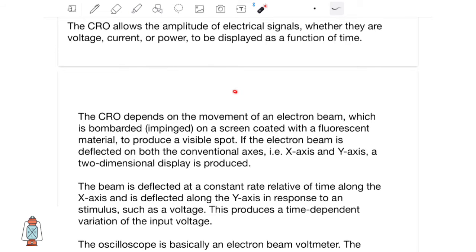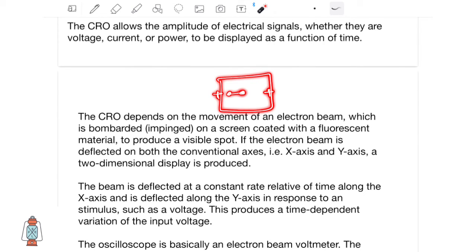Now the question comes, how will this electron beam move here and here. So you can imagine this is a charge, this is an electronic charge. So electrons can move when there is some kind of electric field around it. So if this is the electron, this is the spot on the screen where the electrons are hitting, but at the back of it, if we apply some positive voltage here, this spot will move to this side.